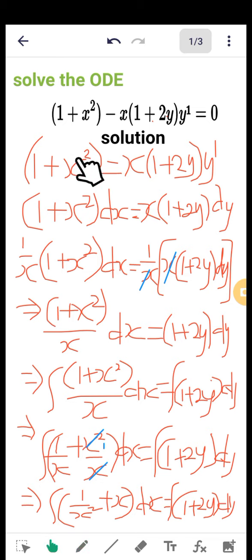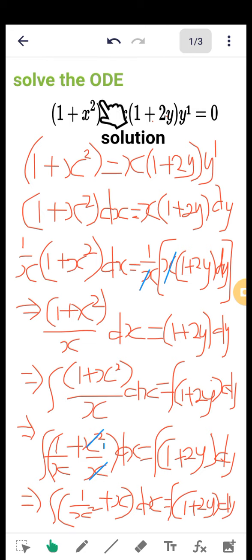So we can maintain this value here, that's 1 + x². Then we try to group like terms. We try to make all the x terms stand alone and all the y terms stand alone. So in doing that, we transfer this term to the right hand side, giving us this.